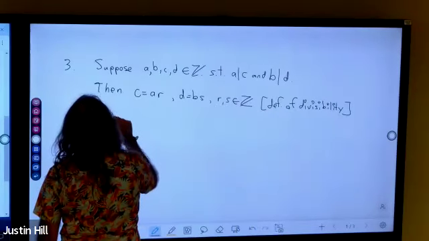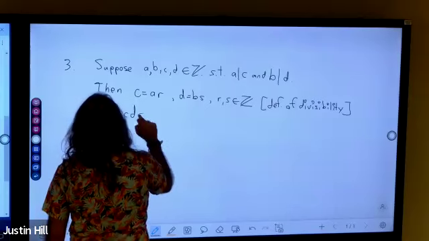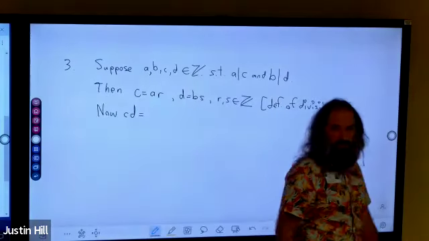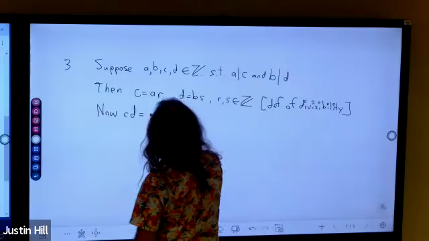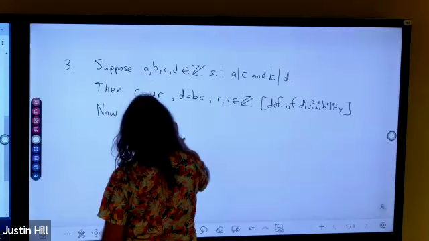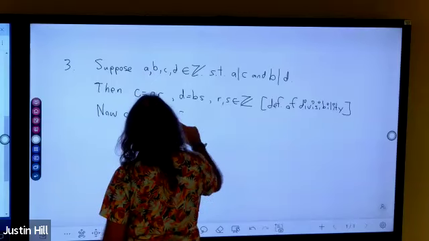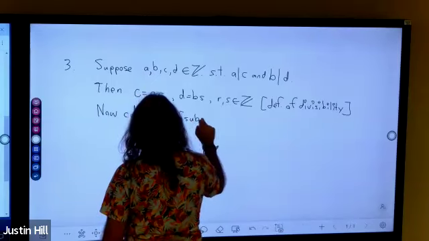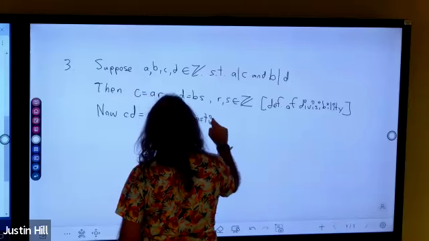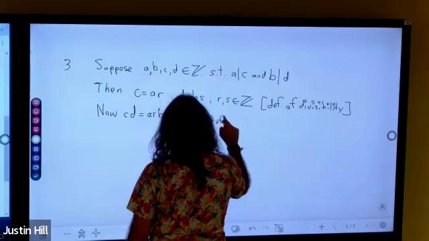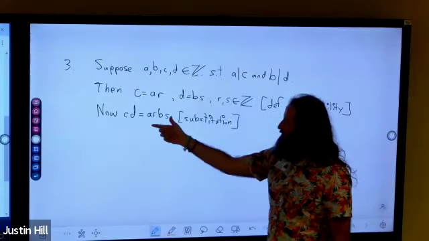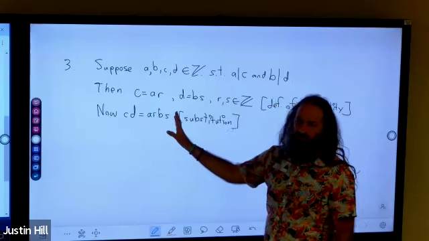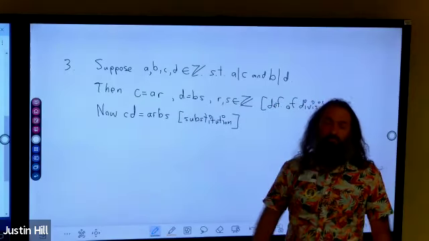So now cd equals, using a little bit of substitution, ar times bs. That's substitution. The nice thing about this is now I have cd equals the product of a bunch of integers on the right side.